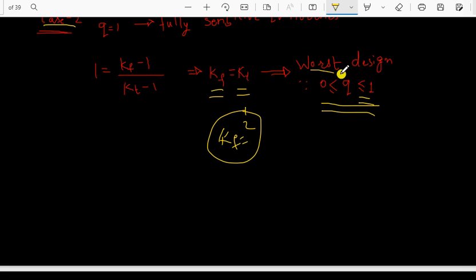So we have seen that the Q value ranges from 0 to 1. Now there are 4 theories of failure for designing a machine component under dynamic loading condition. We will see these theories one by one.